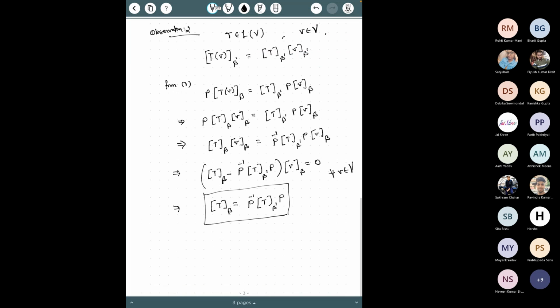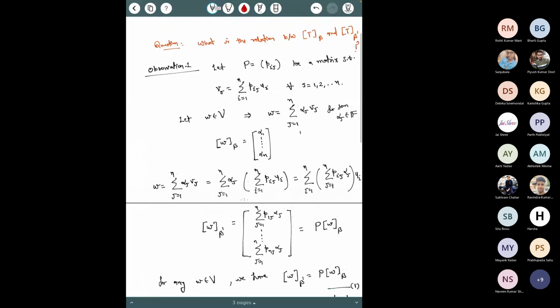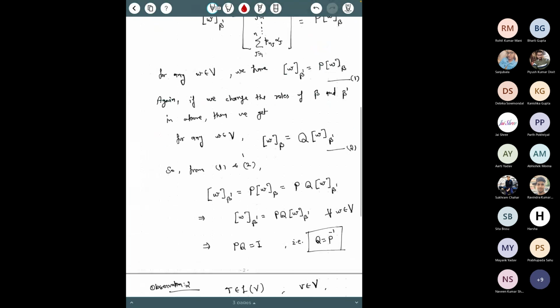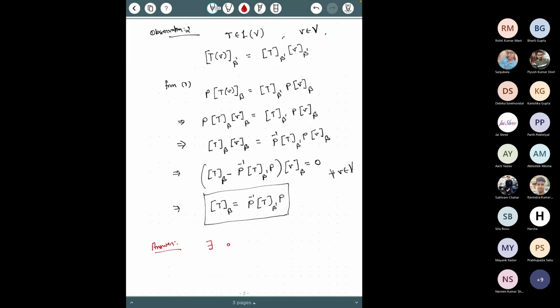So the answer to the question which we asked, what is the relation between these two, is that they are similar. That means there exists an invertible P, and you also know what this P matrix is, right?